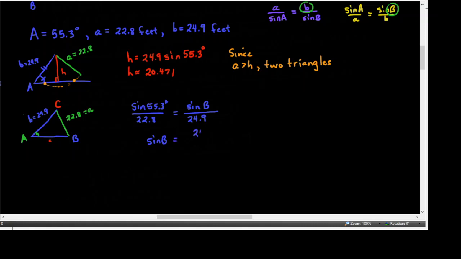And that will give me 24.9 sine of 55.3 degrees divided by 22.8.